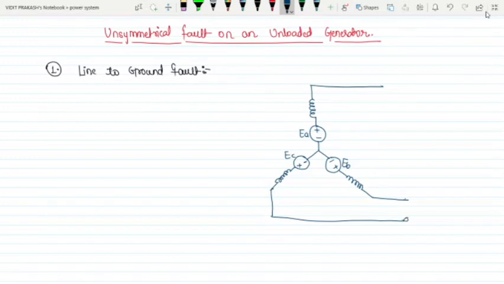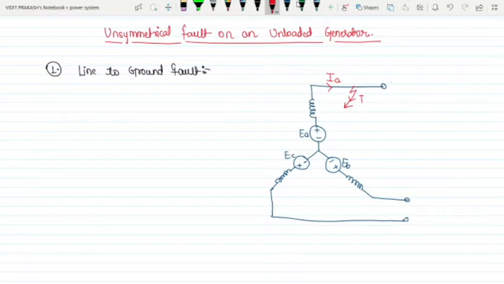Now, if fault occurs at phase A, suppose this is phase A, right? So if fault occurs at this position, then current IA will flow in this winding, right?